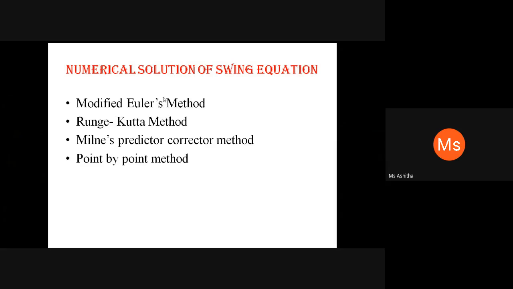There are mainly 4 methods for the numerical solution of the swing equation: the modified Euler's method, the Runge-Kutta method, Milne's predictor corrector method, and the point by point method.